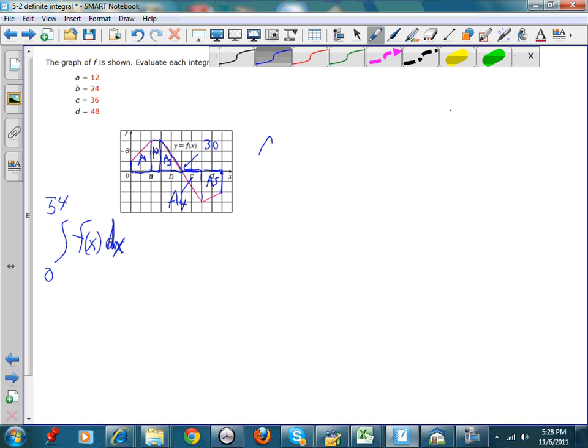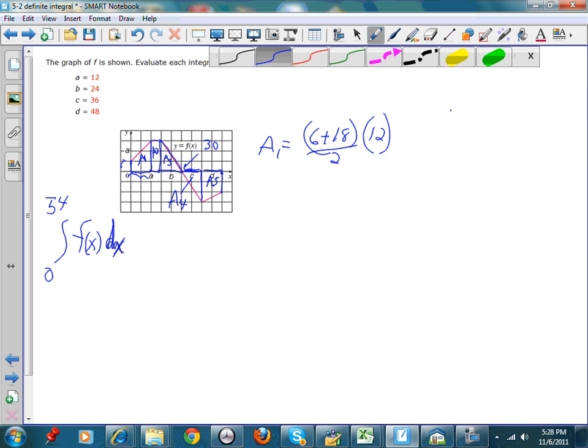I'm going to say A1, a trapezoid, is going to be the average of the heights, which looks like that's 6 here, 12, 18. This is going to be 6 plus 18 divided by 2. That's the average of the heights times the width, which is 12.